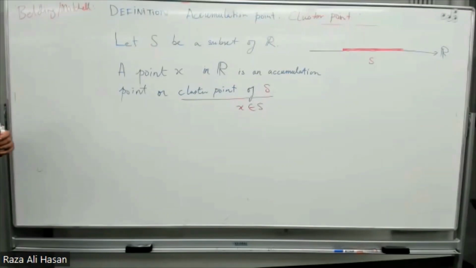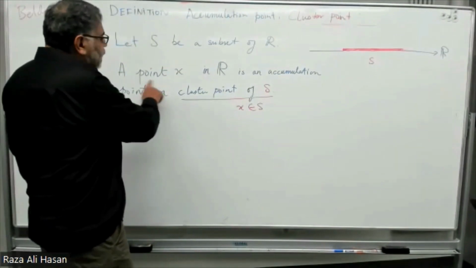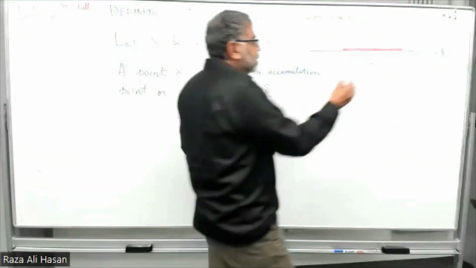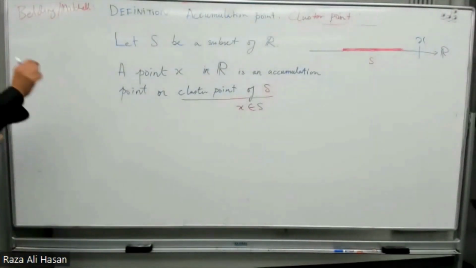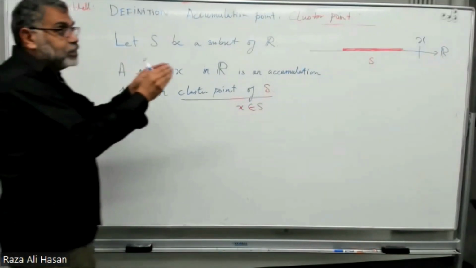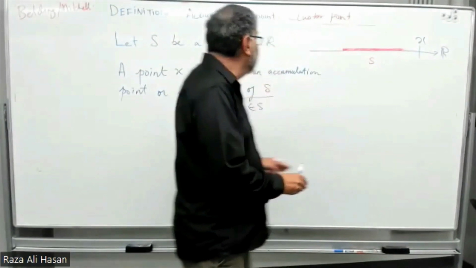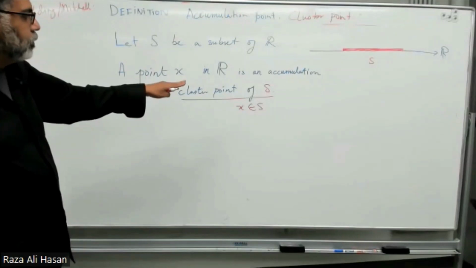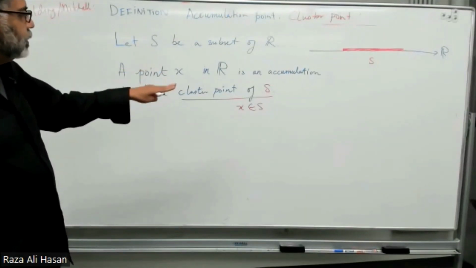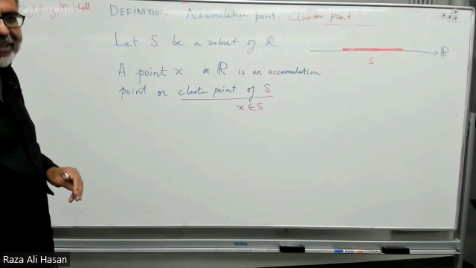I had some trouble with this because initially when I read this and it just said in R, I put my X here, which makes no sense because it is the points of the lowercase s that cluster around X. And if X is not in S, because the whole cluster point is a cluster point of the set S, a cluster point of point X in S is an accumulation point of S. It would sound really crazy.